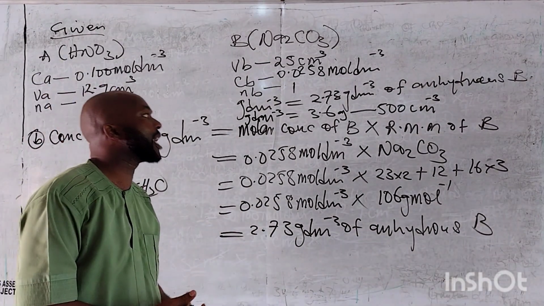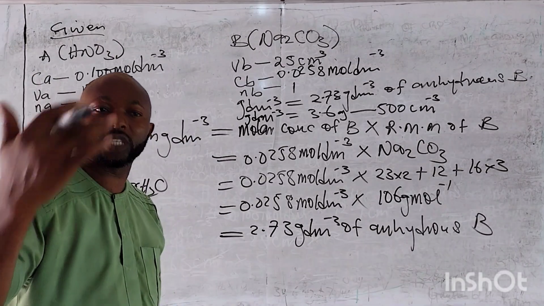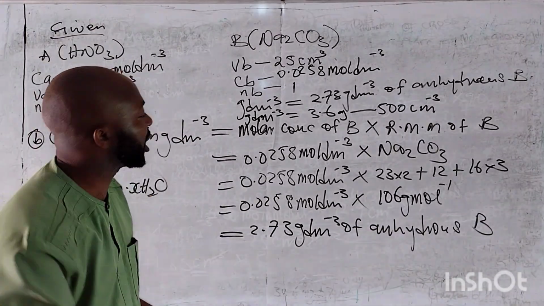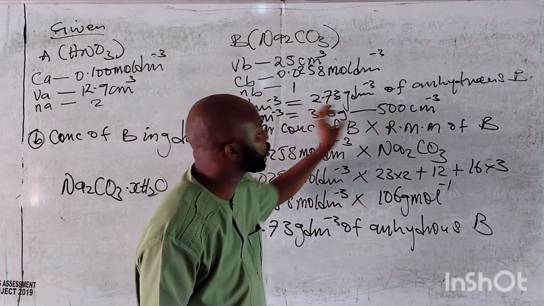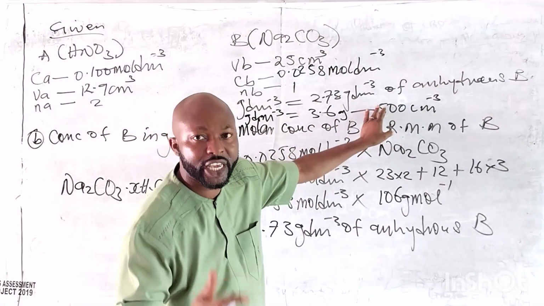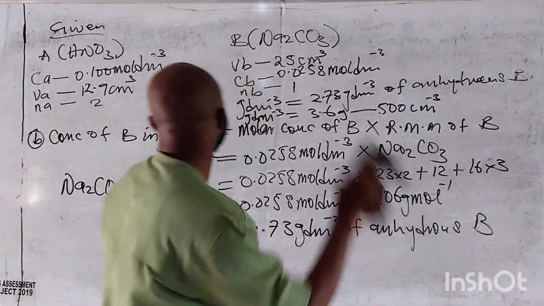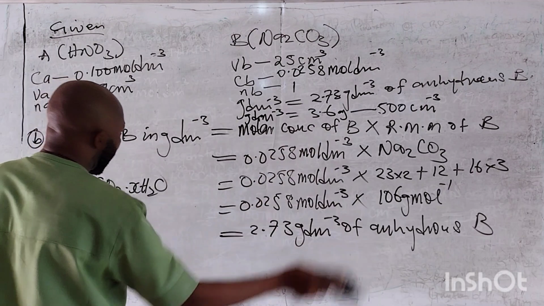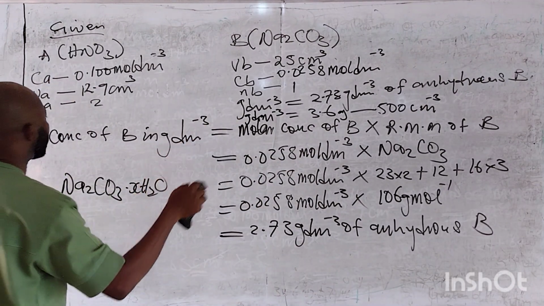We have mass over volume in dm cube, or molar concentration times relative molecular mass. So if we use mass over volume here, these two variables can give us the mass concentration of the hydrated sodium trioxocarbonate IV. So let's see how that works, so I can proceed with the formula.